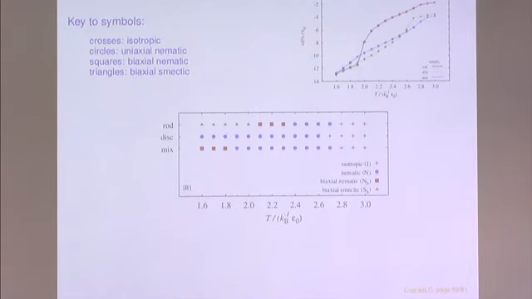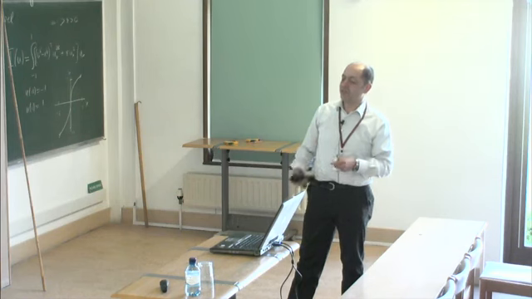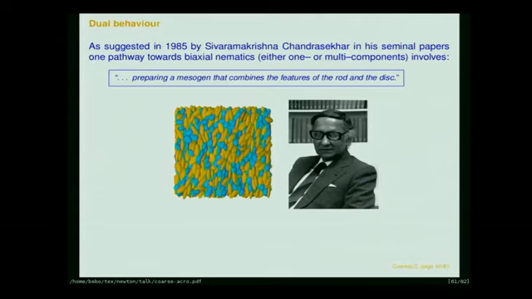So now I gather I'm really running out of time. I'm skipping. Well, first I would like to mention Chandrasekhar, because the model we used to study this system boils down to just a practical realization of what Chandrasekhar already envisioned in 1985, that molecules showing a biaxial nematic phase should have some sort of dual behavior that mixes the behavior of a rod and a disk.